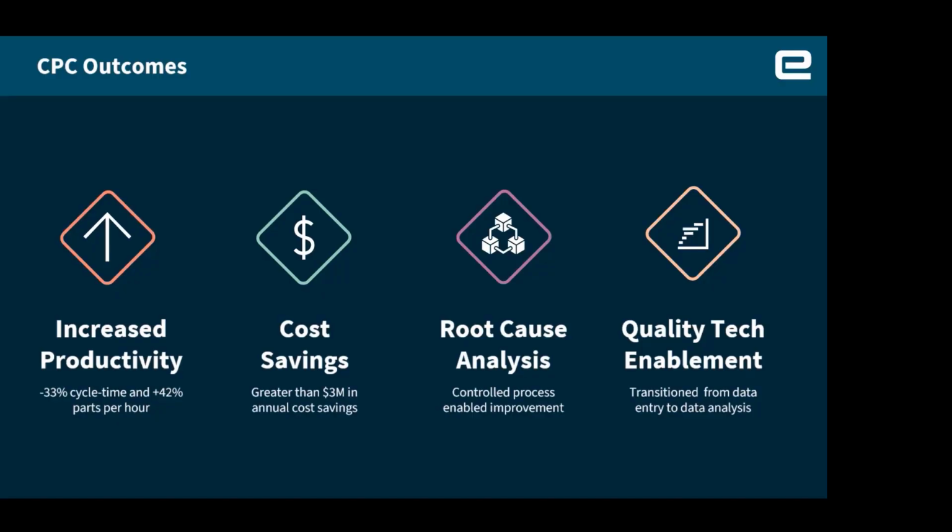And then the quality tech enablement as well. So, a transition from data entry into viewing that data as well. Instead of those personnel just data entering all this information into multiple different systems, that's now being done dynamically so that you can take that time to view that data.